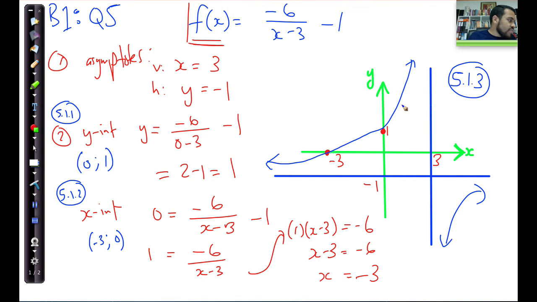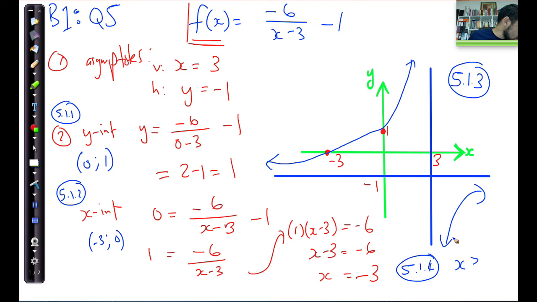Okay, now comes the next question. They want to know for which values of x is f of x greater than 0. Where is this graph positive? Well, over here the graph is negative, and anything under this line on this side, the graph is negative. So when x is bigger than -3, I'm going to just put it over here, 5.1.4, for x greater than, and do they want equal to?